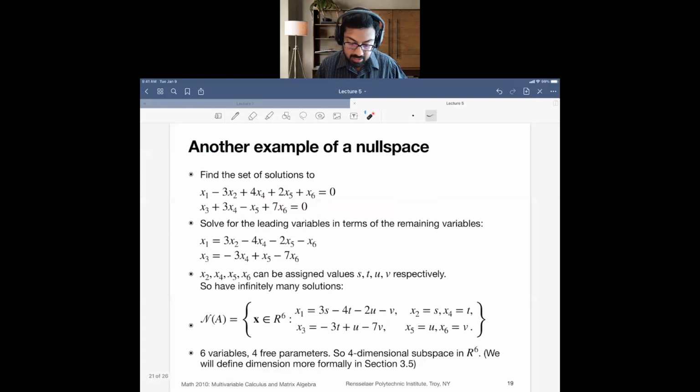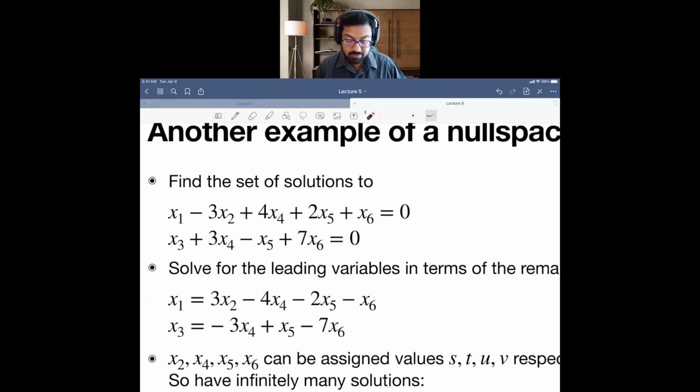Next, we are taking a look at another example of null space over here. We are going to attempt to find the set of solutions for these two equations. This is another homogeneous set of equations, and this is already in the row reduced echelon form.